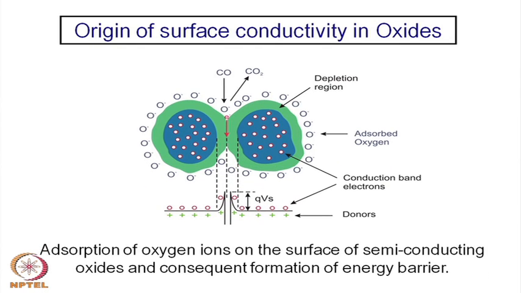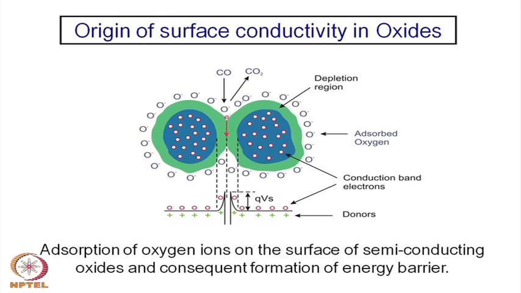Now, we are talking to start with of the semiconducting property of oxides, semiconducting oxides. So, how can these surfaces be different from the bulk of the material? In a semiconducting material, electron transfer is relatively easy compared to insulating materials.